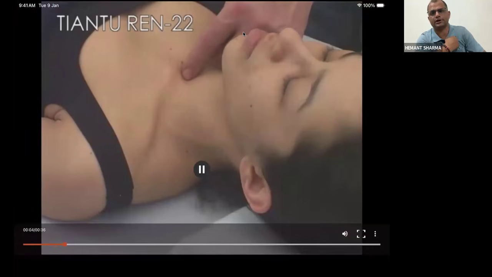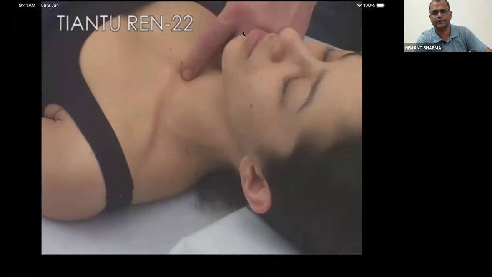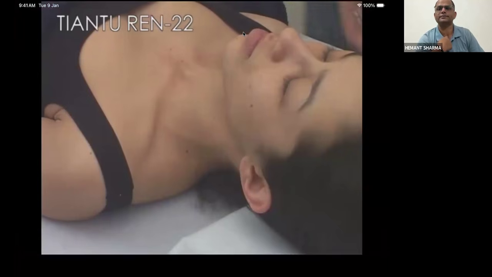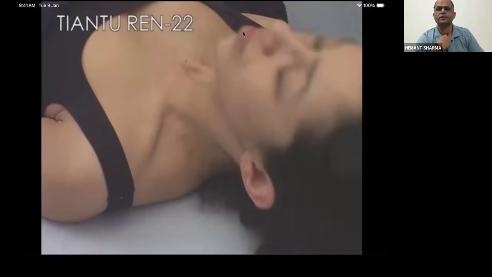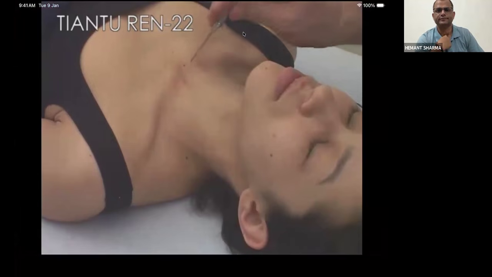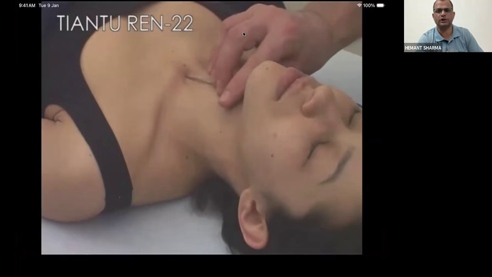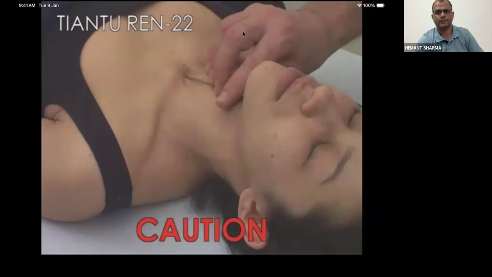We can see this is the depression on the upper end of the sternum bone, that is CV22 or Ren22. Very good point for throat infection. This depression here is called the jugular notch. In TCM, this is a very good point for cough and cold. So this is CV22.